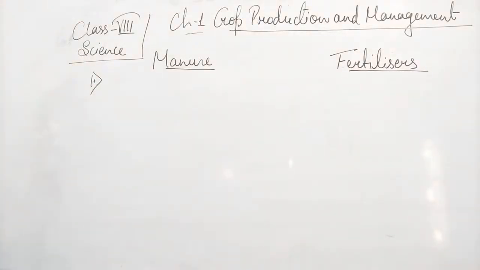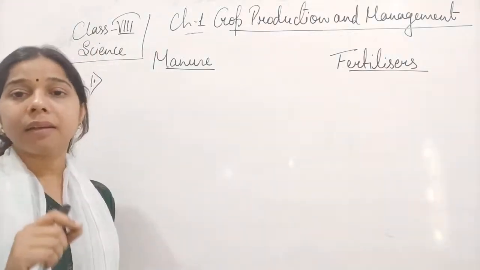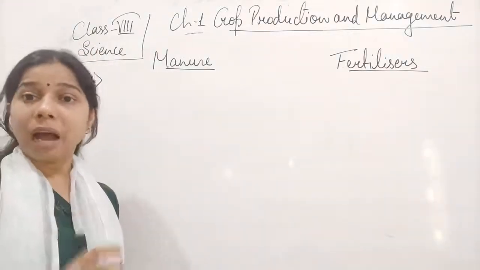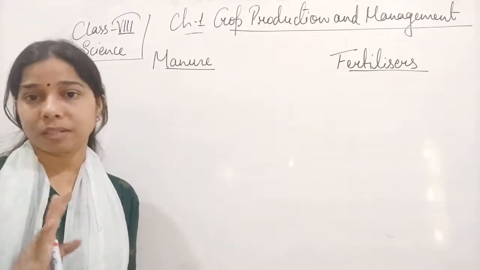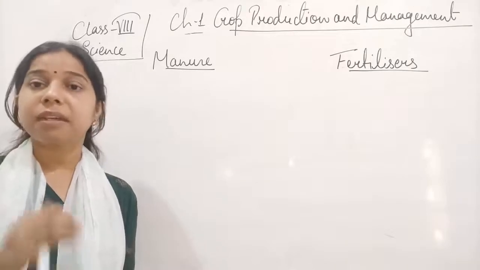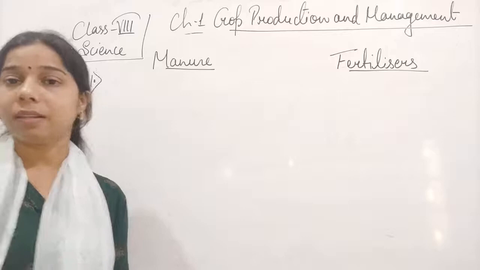In case of a manure, first of all, it is a natural organic material that we obtain from the plant and the animal waste. Okay, this is the exact definition, or what we understand by the term manure.